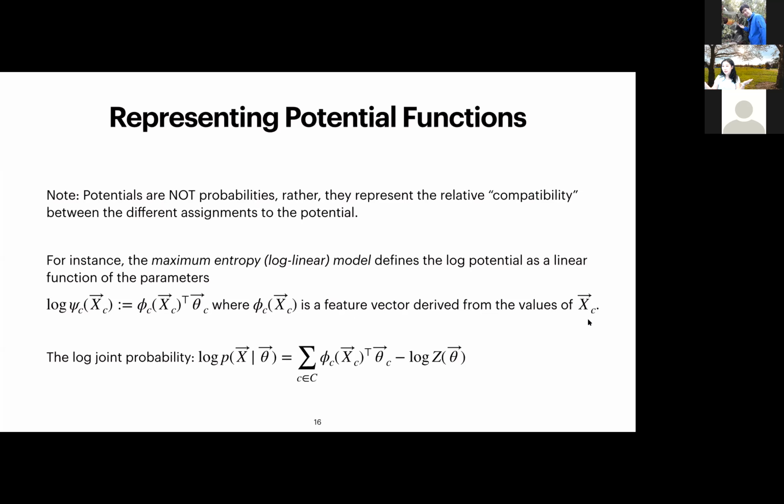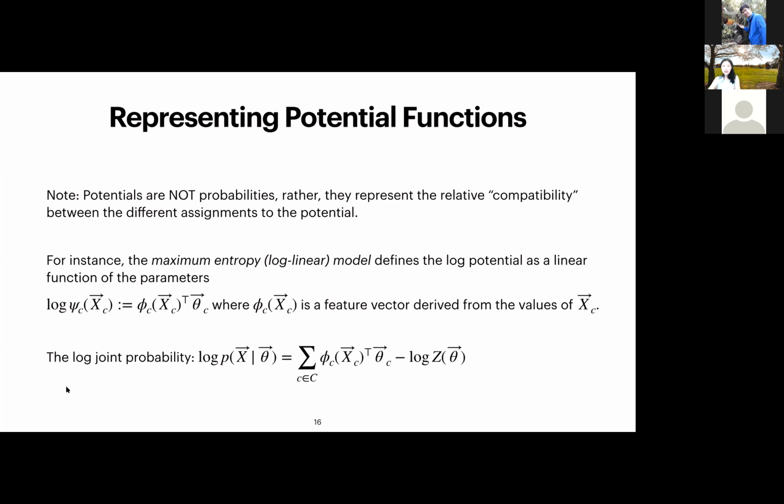You can think about feature vectors as some transformation of the input data, or just the input data itself. Then the log joint probability is just the summation of these linear terms minus the logarithm of Z(theta), the partition function.